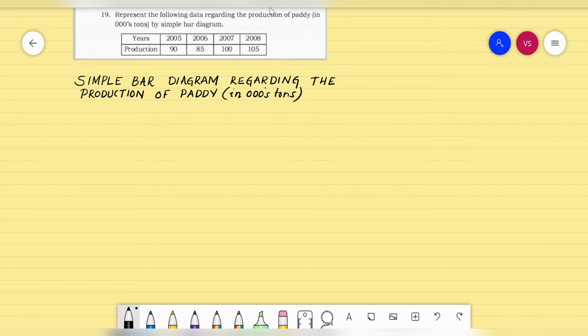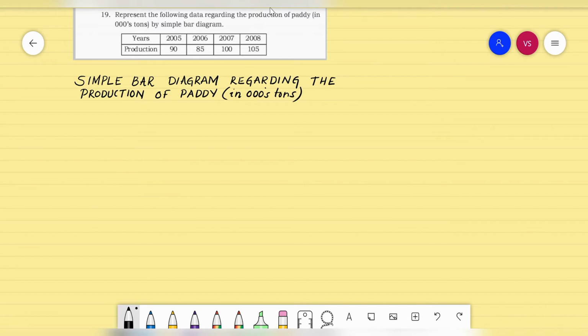Then, students, when we are drawing a simple bar diagram, only the length of the bar matters. The length of the bar we represent on the y-axis. So the x-axis scale will not be there. The x-axis will be taken as a baseline where we can erect the vertical bars.